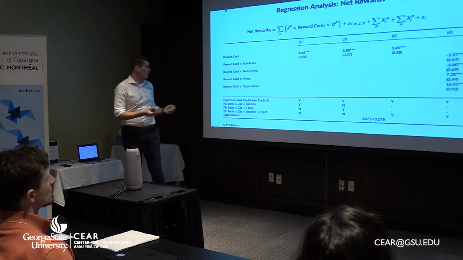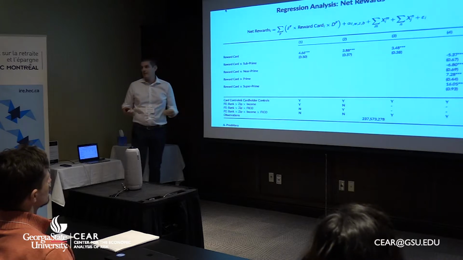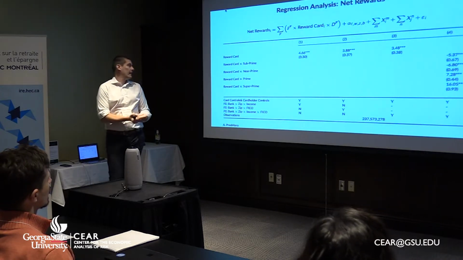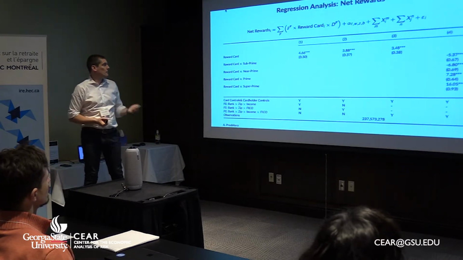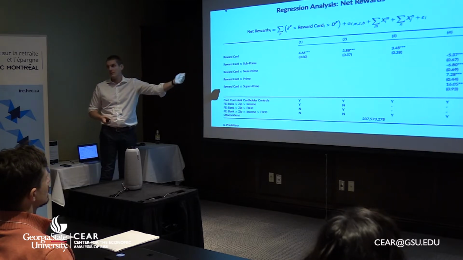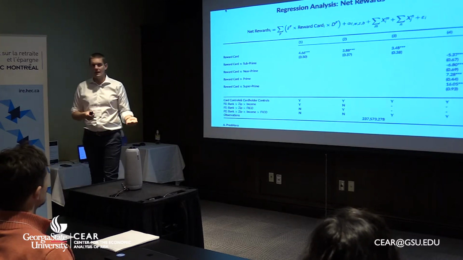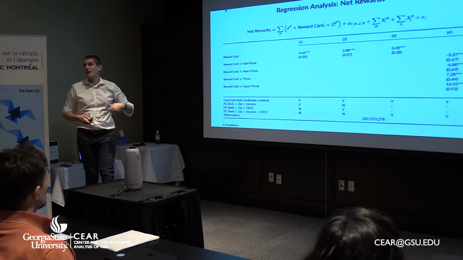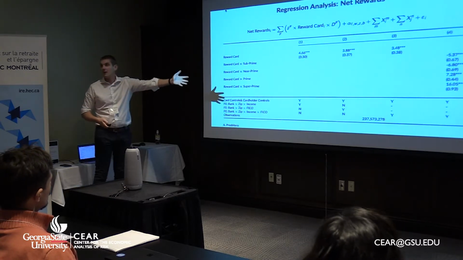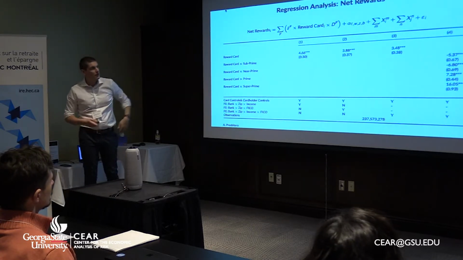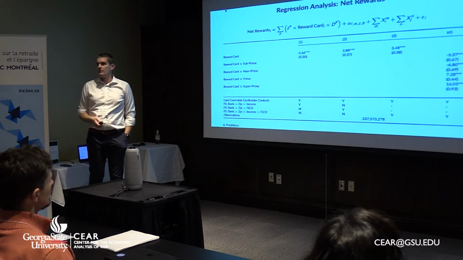When we compare people who are very, very similar, we still find that the subprime and the near prime lose money using a reward card compared to a classic card, while the prime and super prime gain. And the dollar amount is pretty big, like $7, $15, $16 per month.